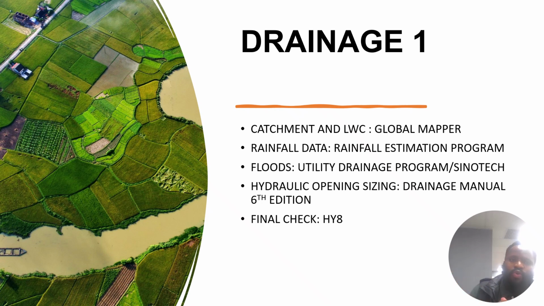For hydraulic opening sizing, you use the Drainage Manual 6th edition, and the final check is using HY8, which is free software. In HY8, you check if the freeboard is met, the headwater depth being less than 1.2 D, where D is the height of the opening of the culvert.